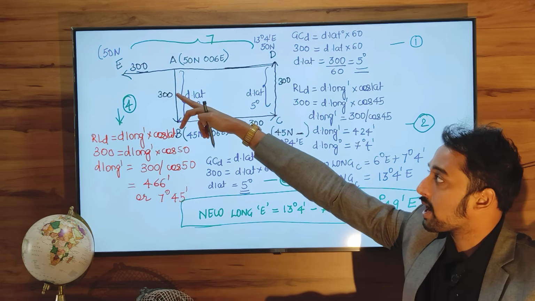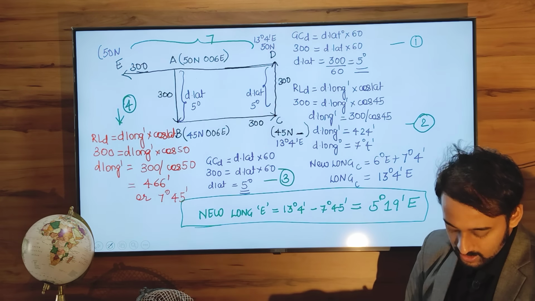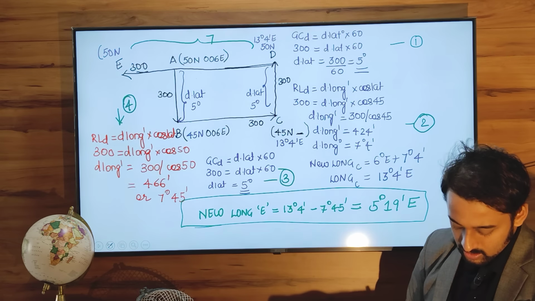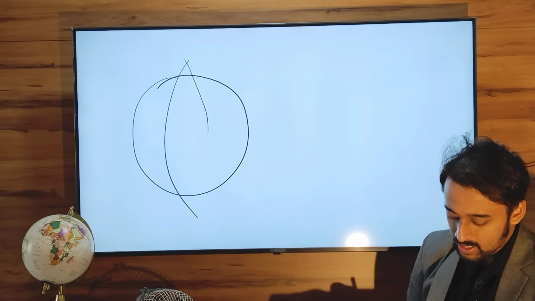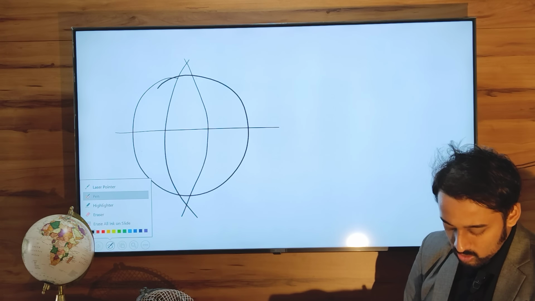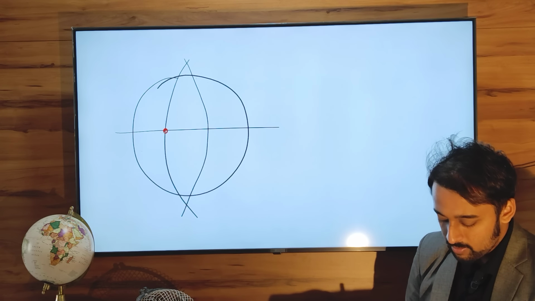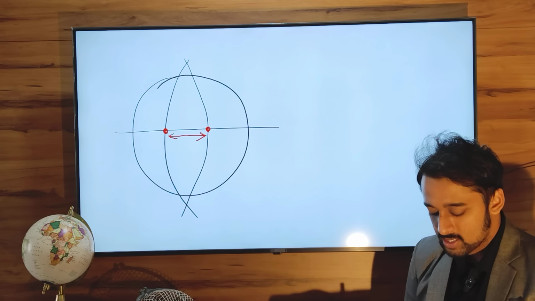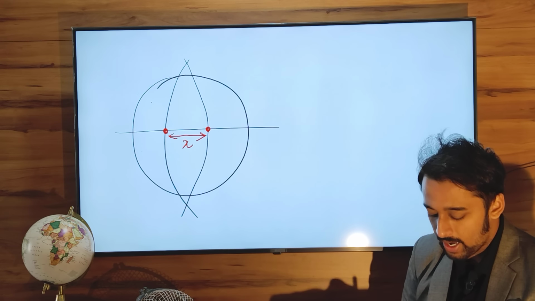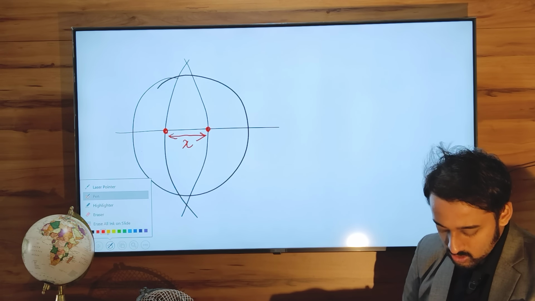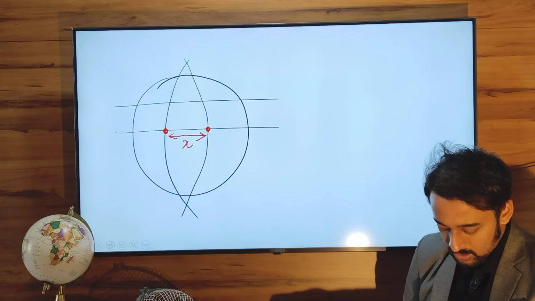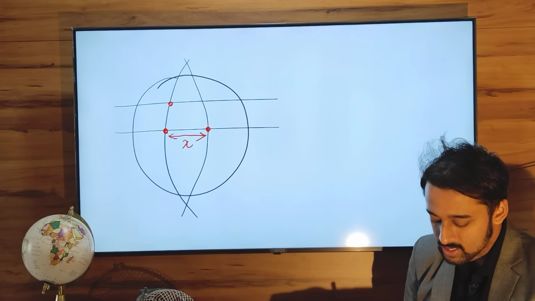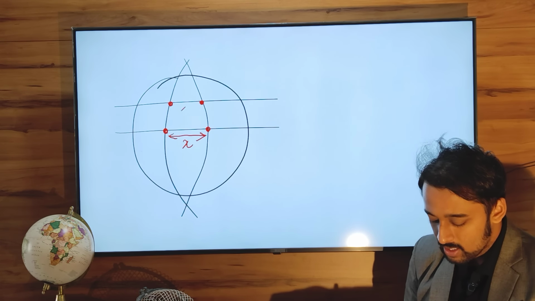Now why is E to the left of A? Because as we go up on the earth, due to the convergency of the meridians, the distance between two longitudes at a particular latitude, if it's x, when we go to a higher latitude, because of convergency, the distance between the same two longitudes will decrease and it will be less than x.